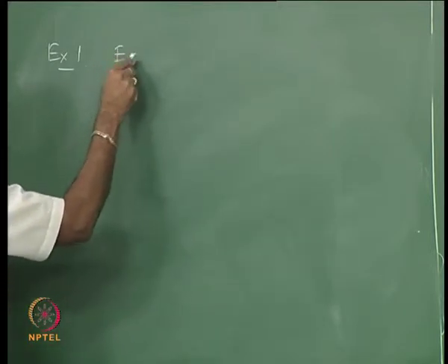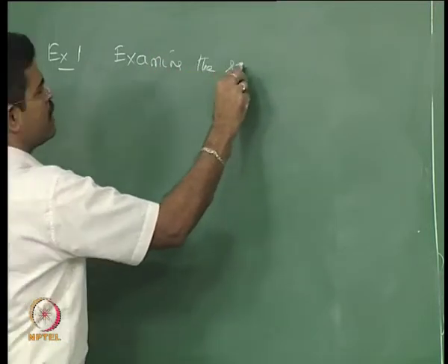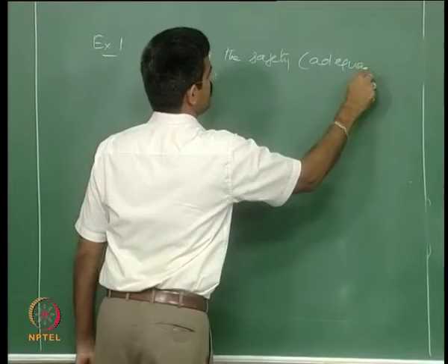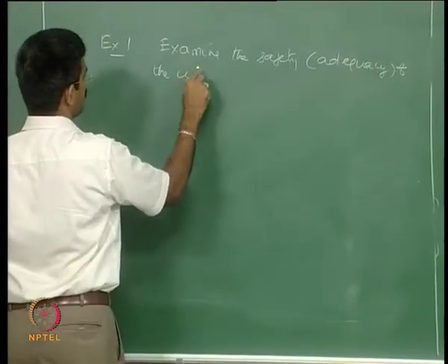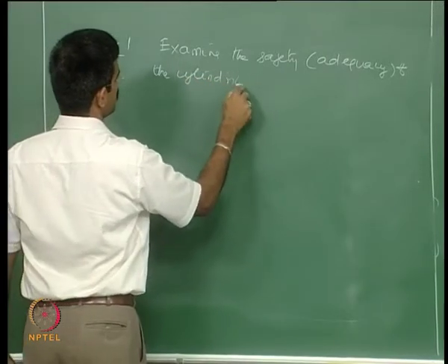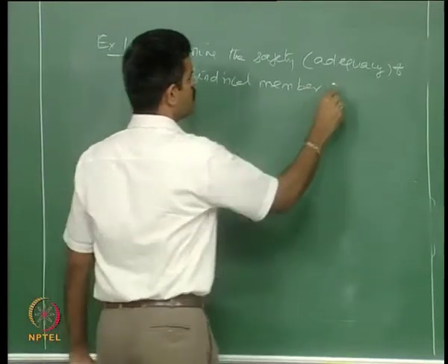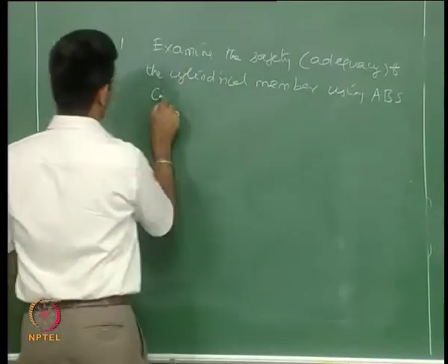The question says examine the safety, or I should say adequacy, of the cylindrical member using ABS code.